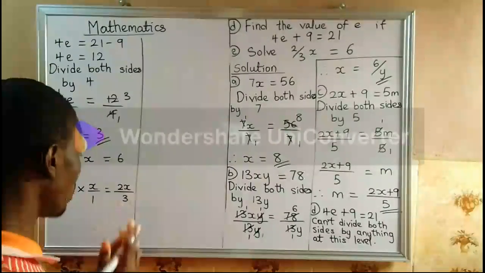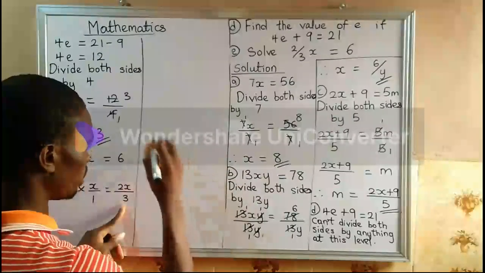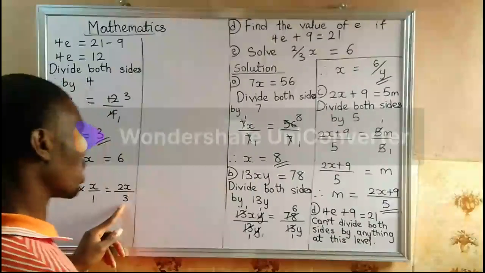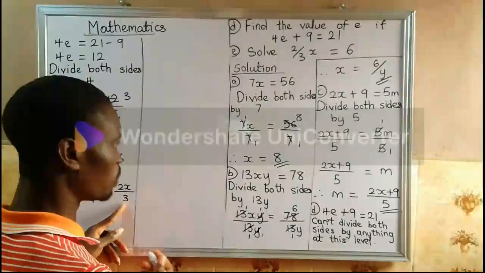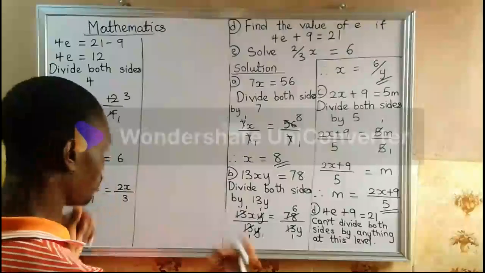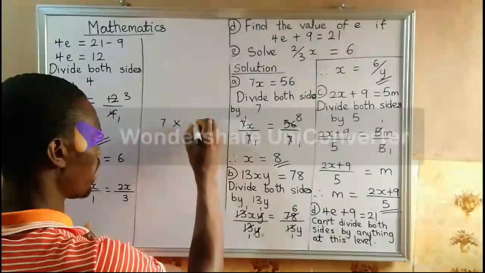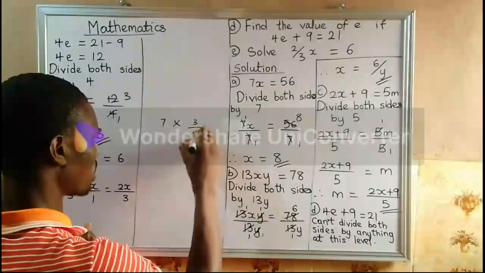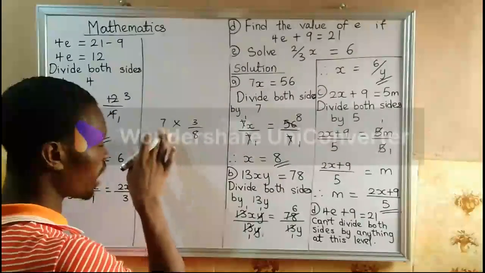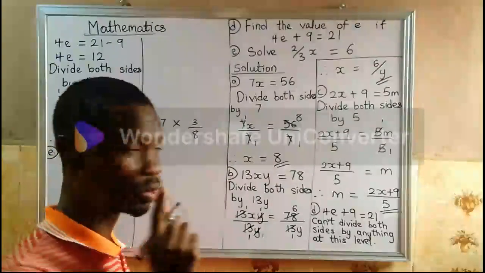And please listen attentively. Whenever you are multiplying a fraction with a whole number, just note that, for example, if you have 7, which is a whole number, and you have to multiply by maybe 3 over 8, a fraction, what this means is you just multiply the whole number by just the numerator of the fraction.